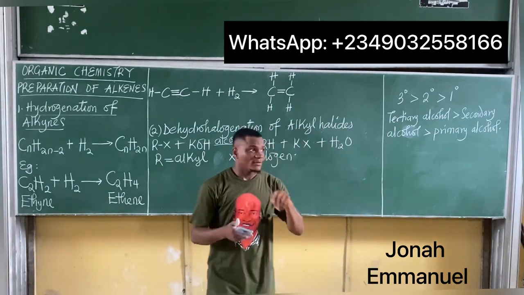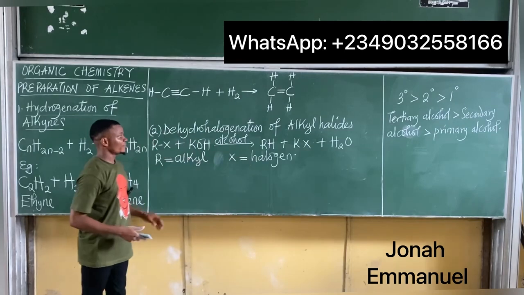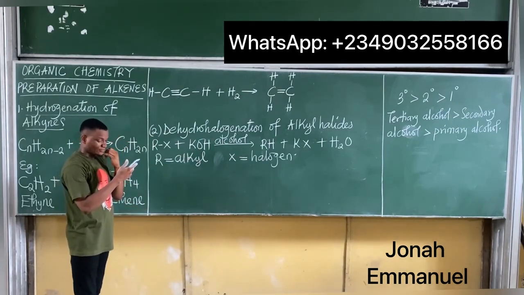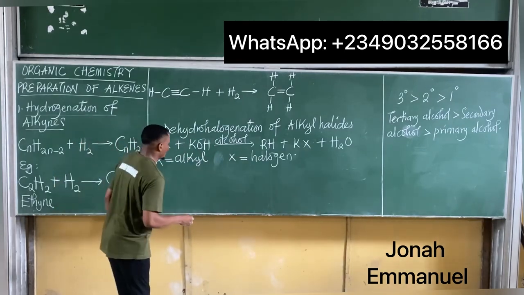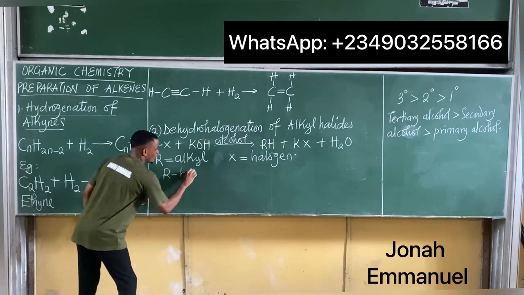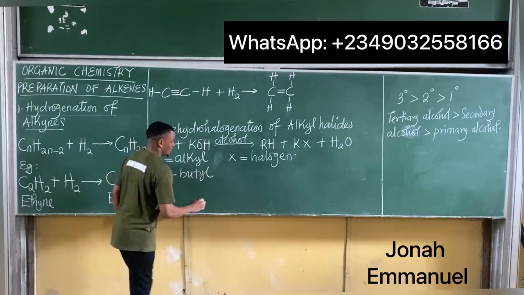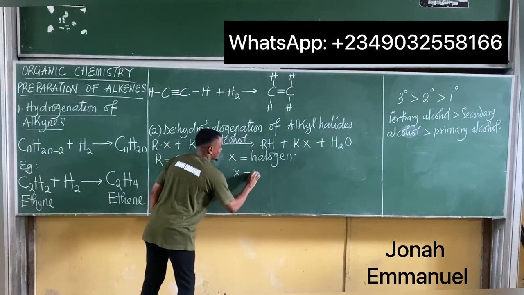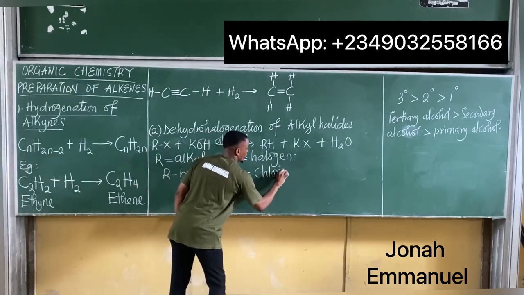All right, take down, please. Example under this, please. Let's take R as butyl. I'm taking X as chlorine.